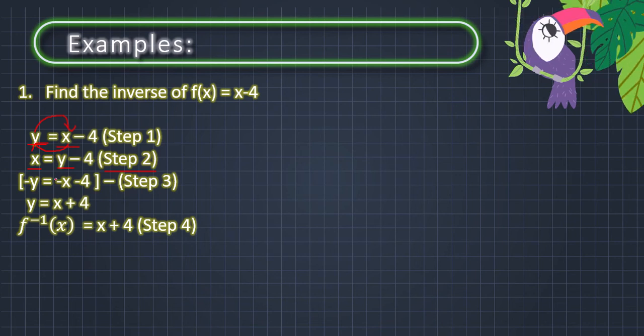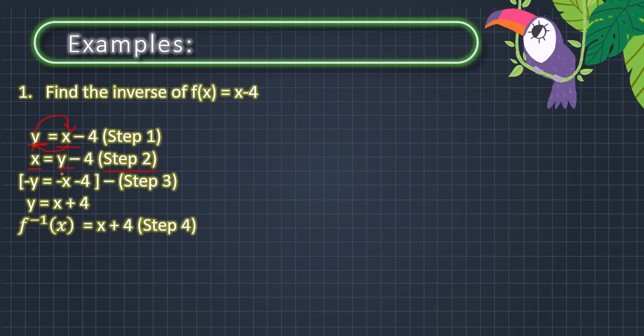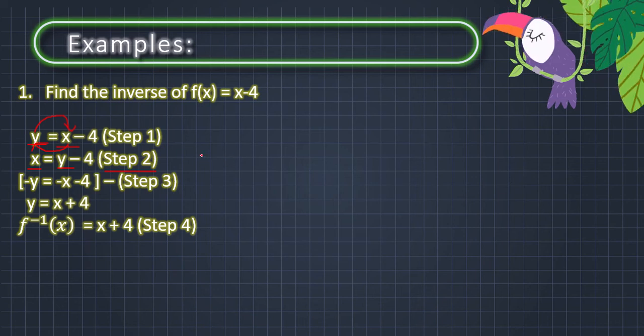After that, we need to solve for the new y. Remember that our y is on the right side, and in doing that, we are going to apply the equality rules. So in order for us to solve for y, we apply the subtraction property of equality. Let me show you here.